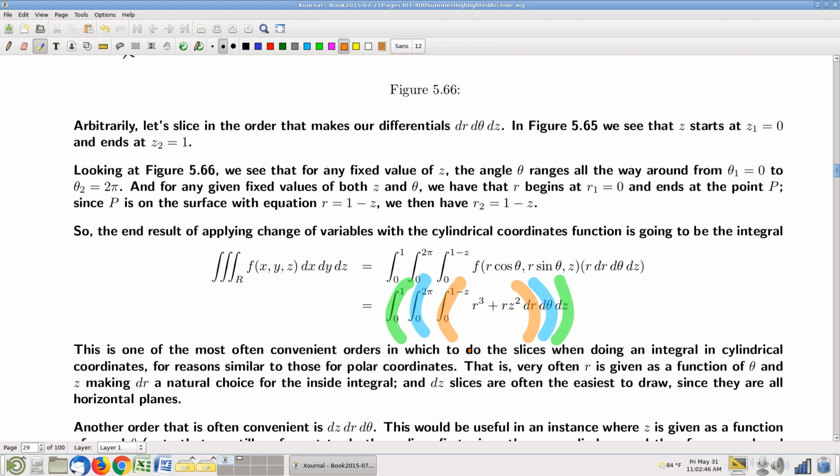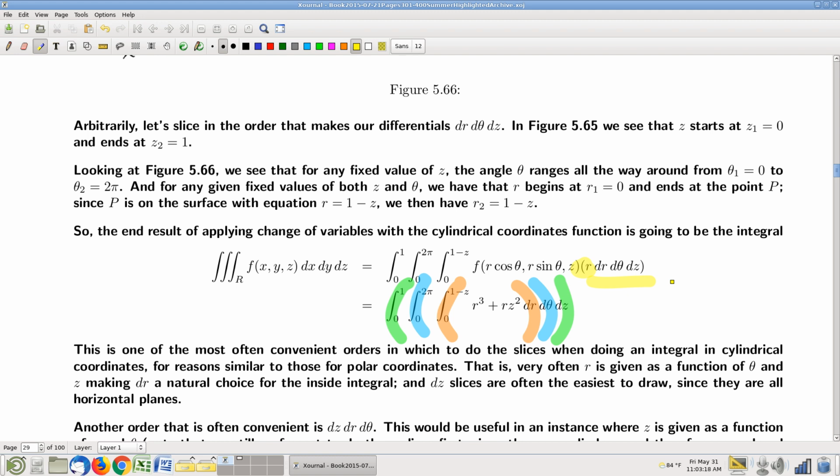Don't forget the stretching factor. Again, there it is. There's that R that I put in there right next to my dr d theta dz. That R, by the way, here's another mistake students make sometimes. Some students take my advice a little too seriously to always put the R with the dr d theta dz and then feel like somehow that means that it stays with the dr d theta dz, and somehow, I don't know what the reasoning is exactly, but they won't put it into the integrand.